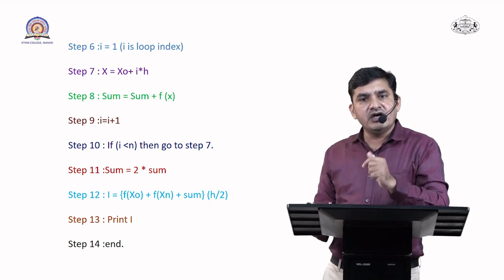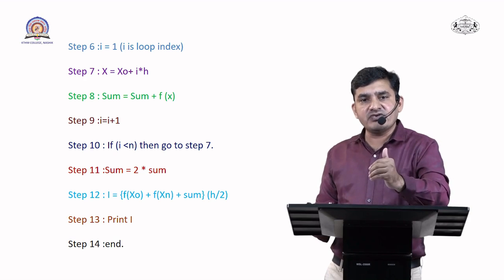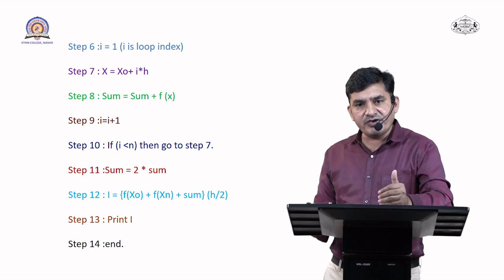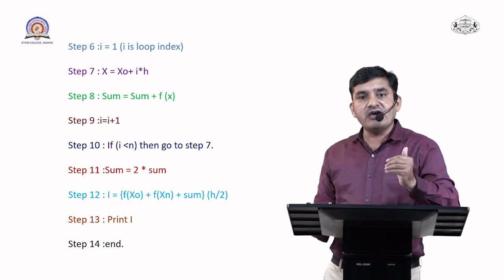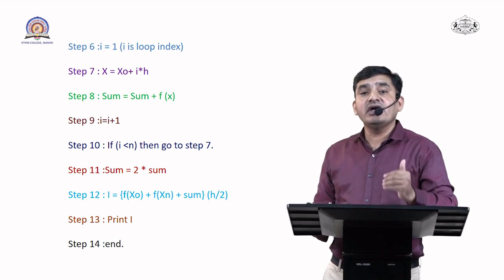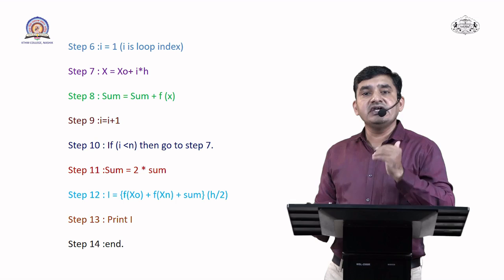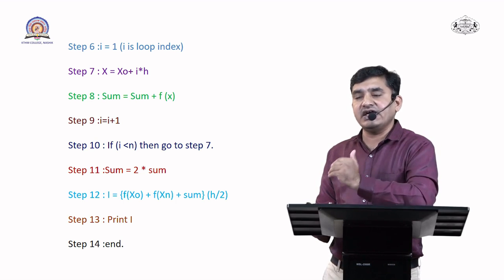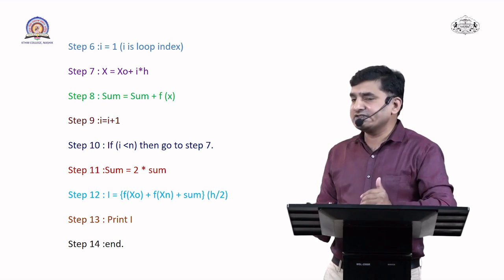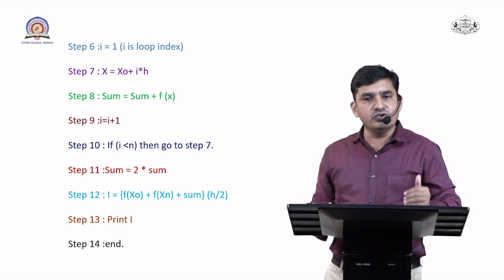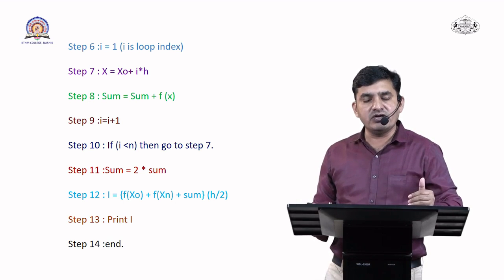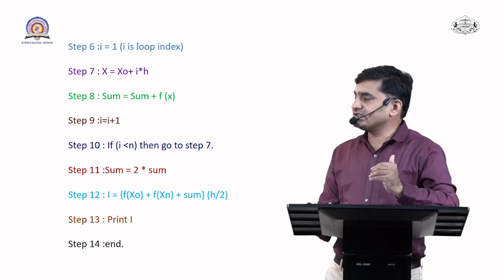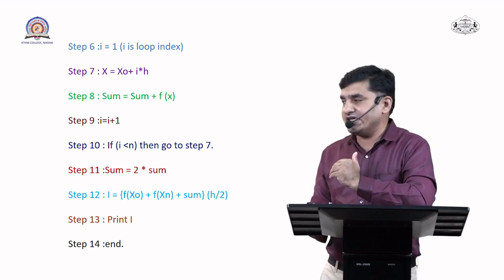This is the sum, and y1 is f of x1, y2 is f of x2, y3 is f of x3, and yn minus 1 means f of x n minus 1. The value of x is found by using the formula x is equal to x0 plus i into h.